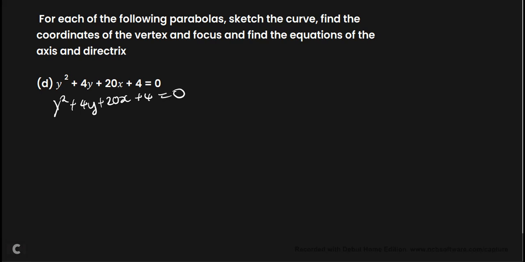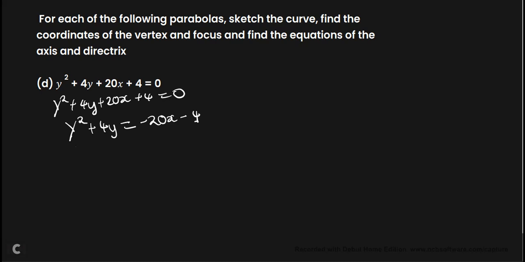So everything about x, which is not squared, will go to your right side together with the constant. What remains on this side is y squared plus 4y equal to negative 20x minus 4, like that, right?